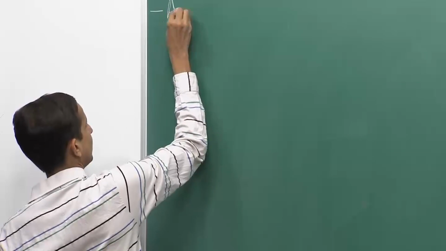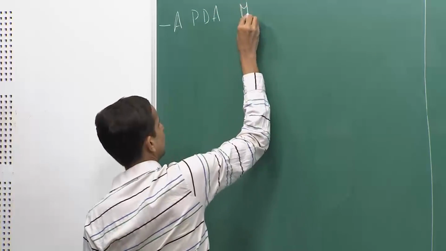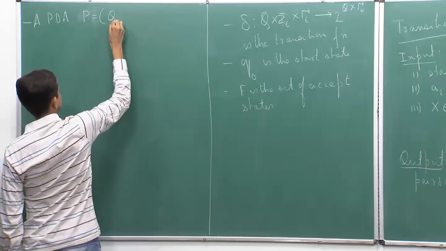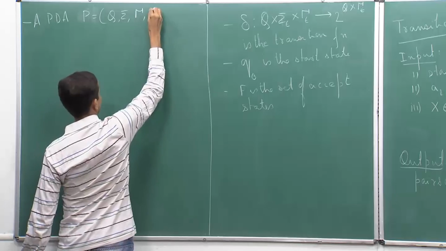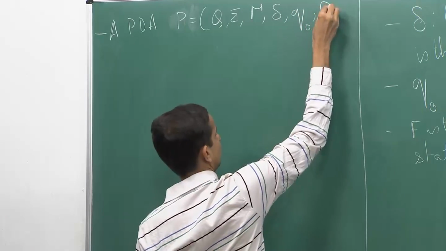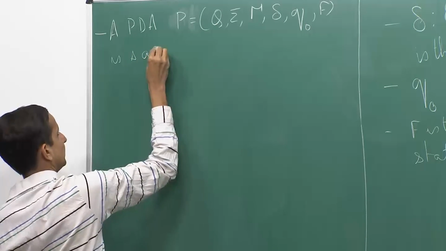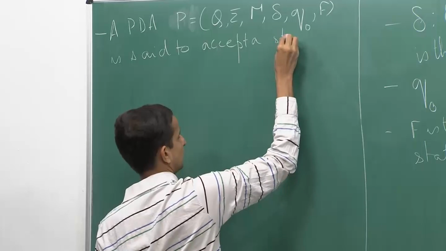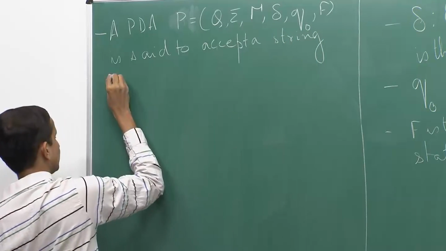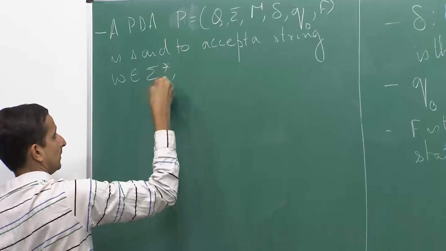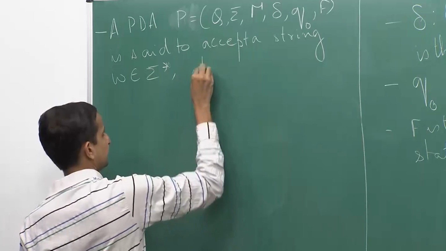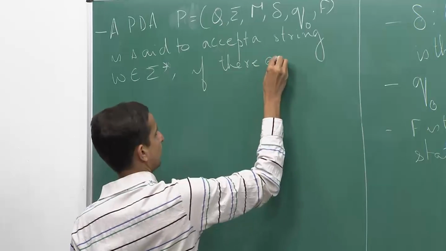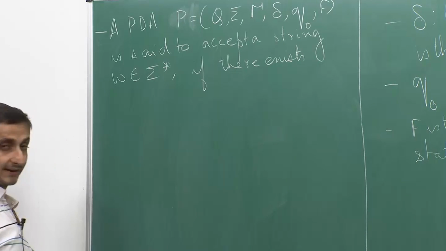A PDA, let us call it P, equals Q, sigma, gamma, delta, Q naught and F, is said to accept a string w in sigma star if there exist three things.